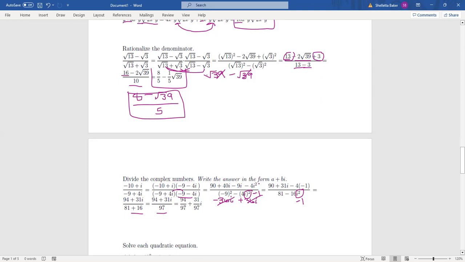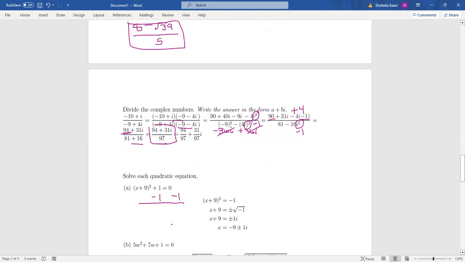But remember, i squared equals negative 1, and 4 times negative 1 will become a positive 4. So we're going to add that 4 to 90 in order to get 94 plus the 31i. All right, and so we can leave this as 94 plus 31i over 97.